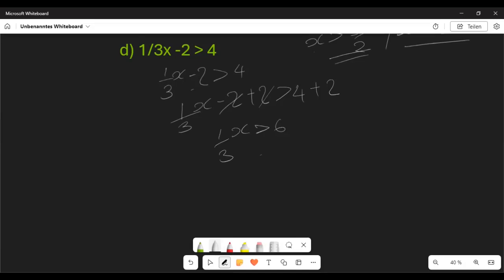For us to get the value of x, we multiply this side by 3 over 1 and multiply the other side by 3 over 1. So the 3 cancels, and we have the value of x is greater than 18. If you think about it, this is 6 over 1 multiplied by 3 over 1, so then we have 18.